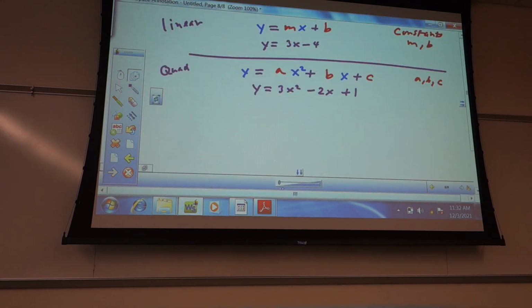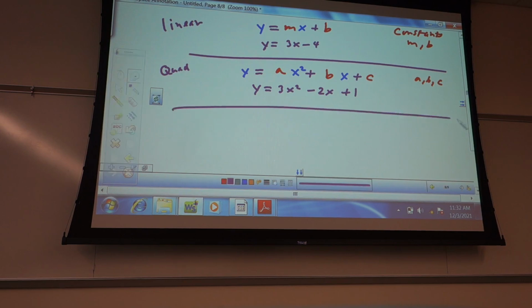And then for exponential, we can even look at the variations, right? We have direct variation, so that's y, my variable, equals k, my constant, times x.